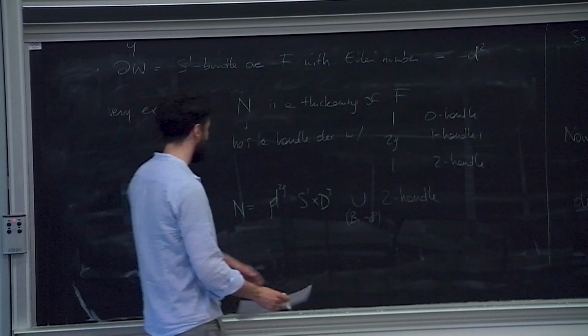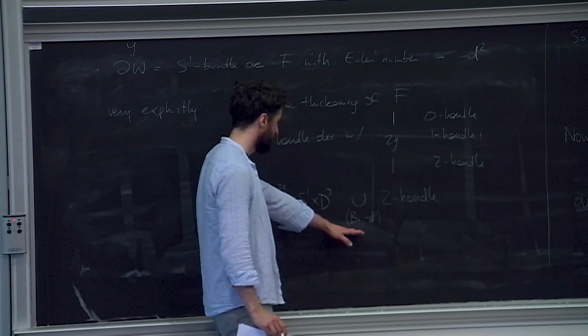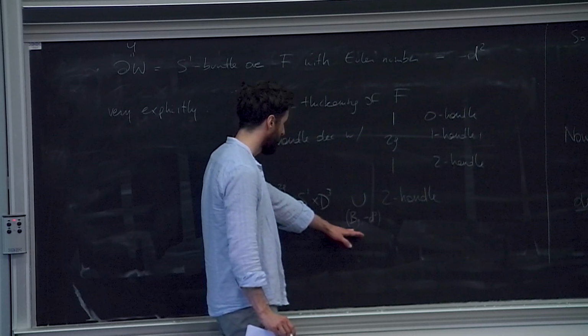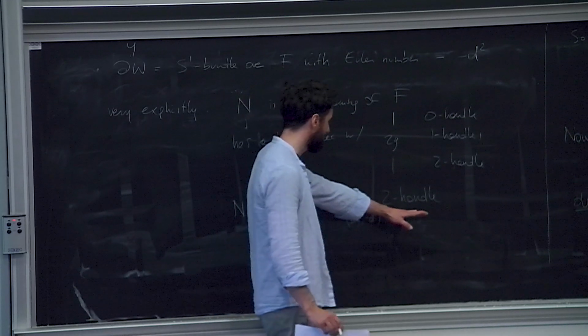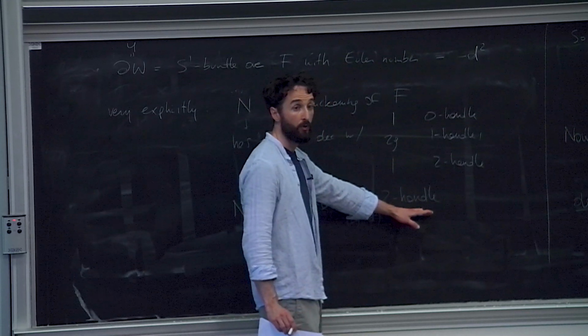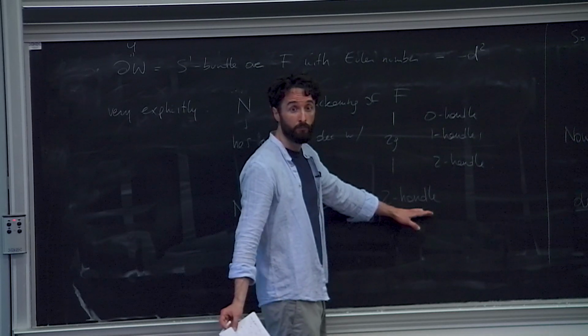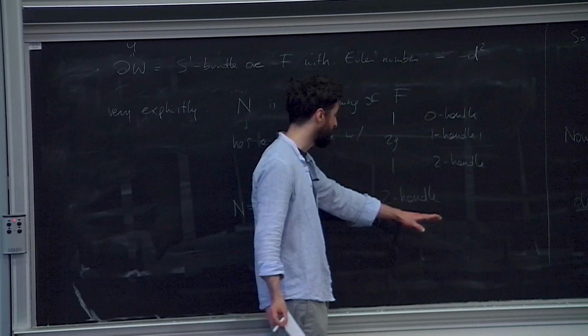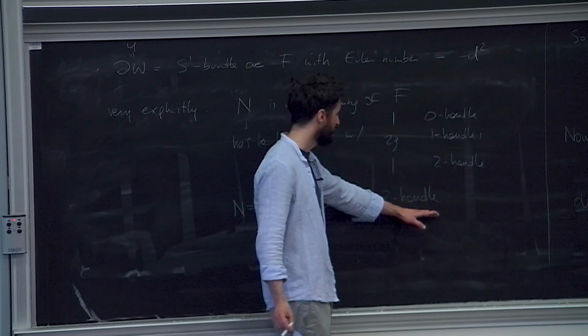I'm not going to describe exactly what the Borromean knot is. I could. It's relatively easy to see what it is. I just want to convince you that the 2-handle has to be attached along a null homologous knot. This is because otherwise I would have no H2. And if I want some H2, I better have that my 2-cell is attached to something null homologous. Otherwise, I kill some class in H1.